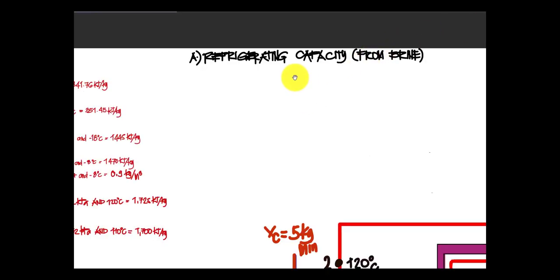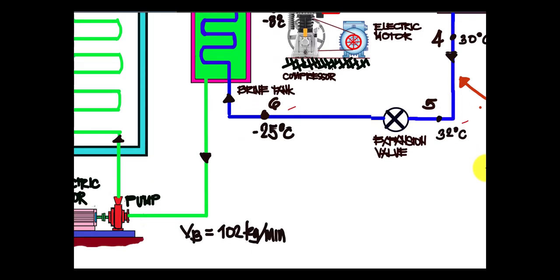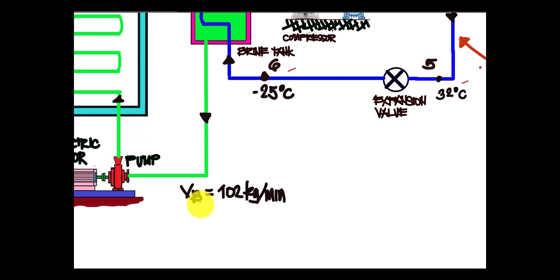So for the refrigerating capacity from the brine, we have a 2% loss. So we'll be using the equation Q of the brine, which will be m Cp delta T. For the mass flow rate, I'm going to change this one into MB.